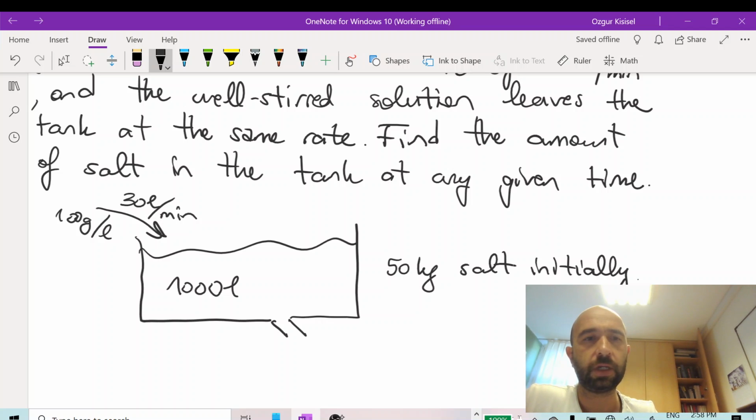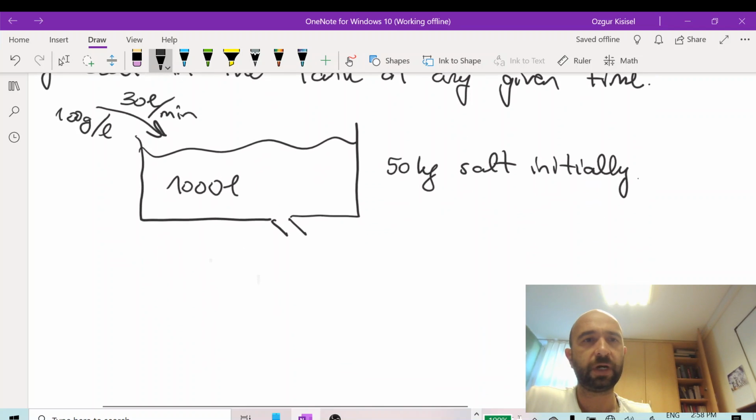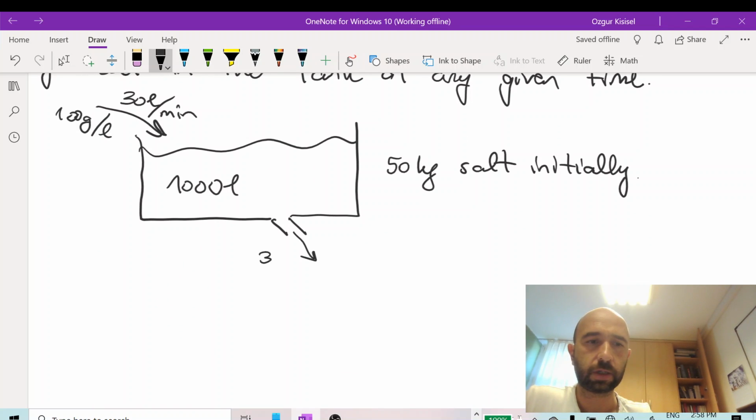Now, what about this exiting? Great. We also know that this is 30 liters per minute. And how many grams per liter, we don't know.